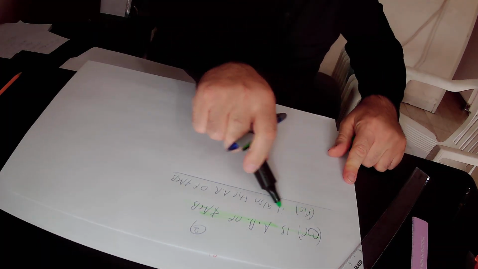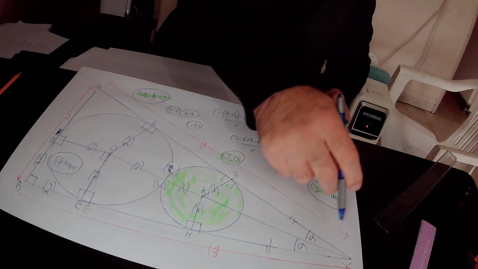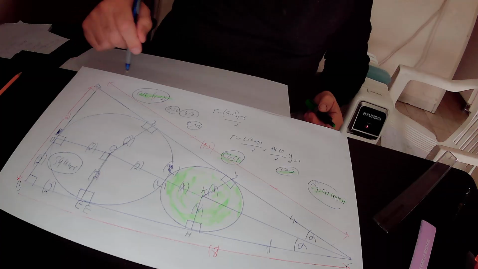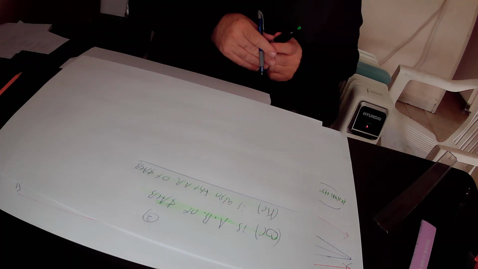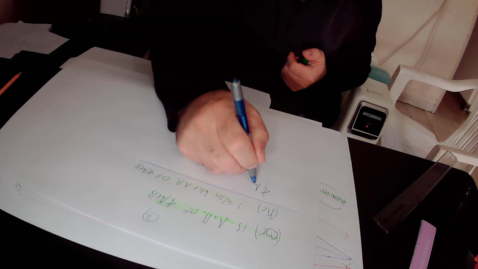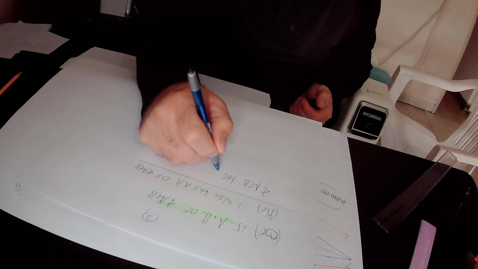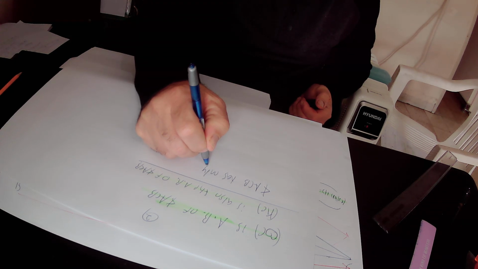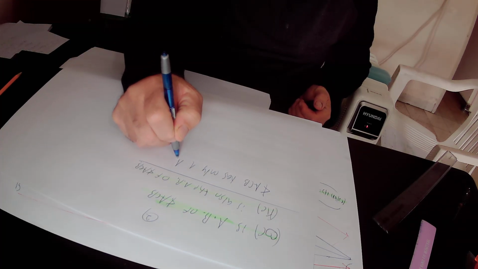But we also know that the big angle ACB has only one angle bisector. Again, the big angle ACB has only one angle bisector.